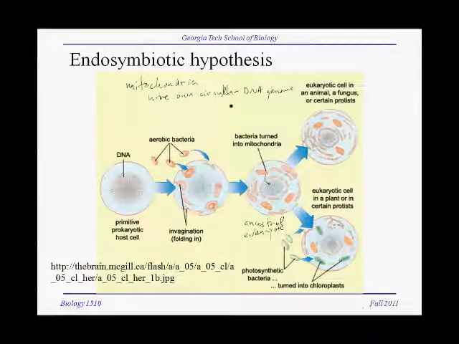So we can even identify the group of bacteria that were the most likely ancestor of mitochondria. Similarly, chloroplasts have their own DNA as well, which forms a circular genome. And the chloroplast DNA sequence most closely resembles the DNA from cyanobacteria.